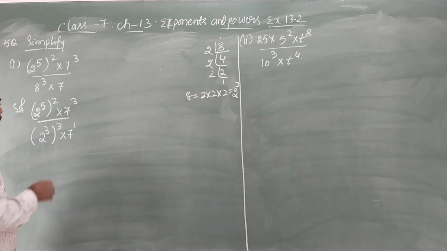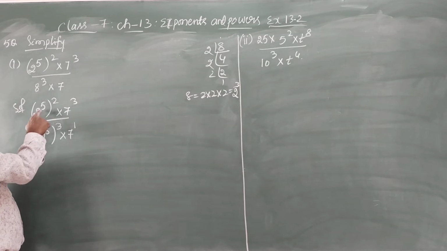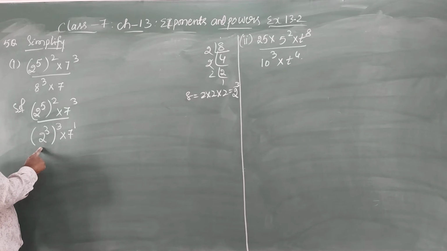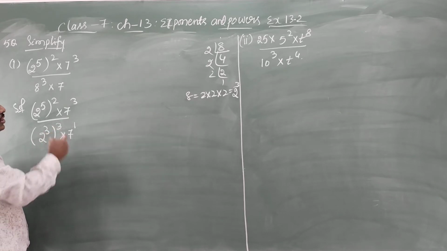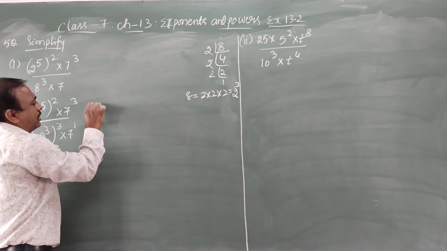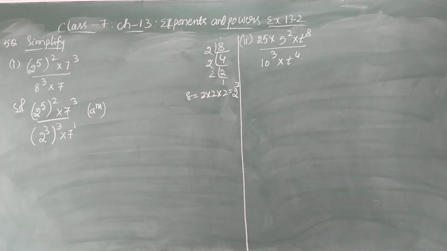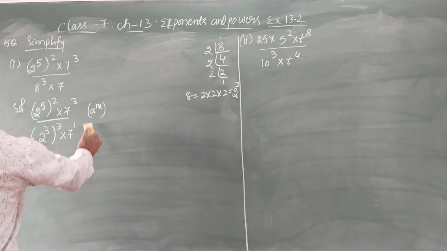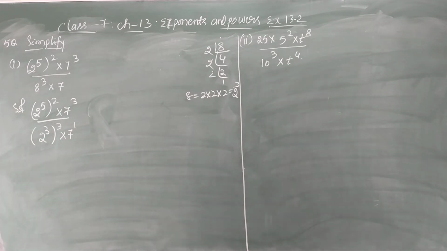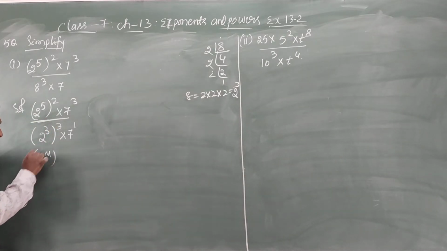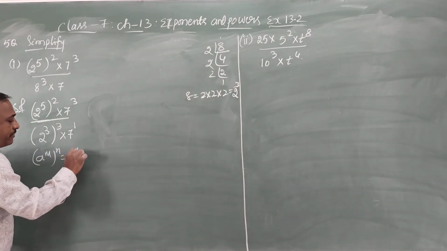Now the law of exponents: in the numerator a power of a power, (a to the power m) whole to the power n, we apply for the numerator and denominator separately. So (a to the power m) whole to the power n is equal to a to the power m into n.